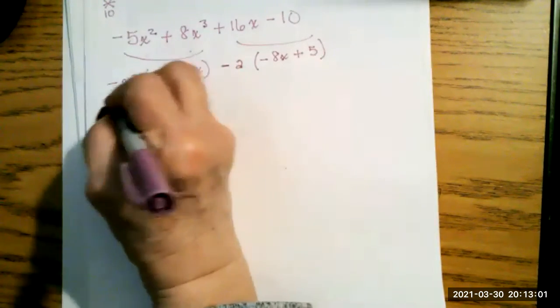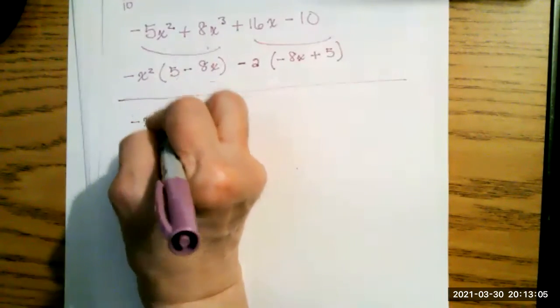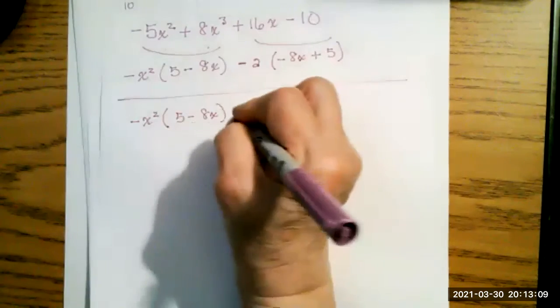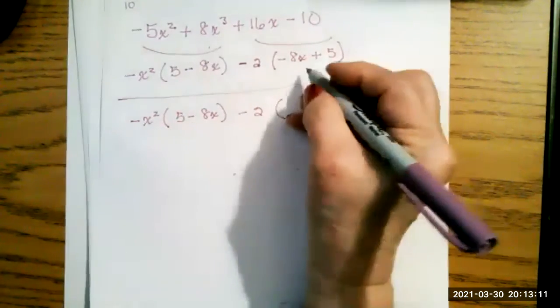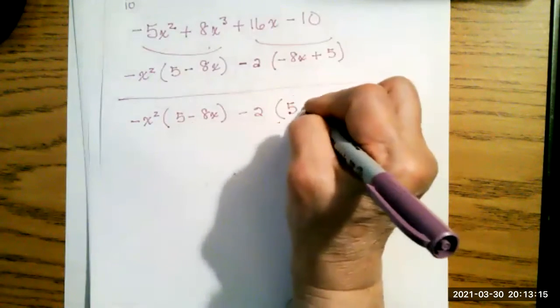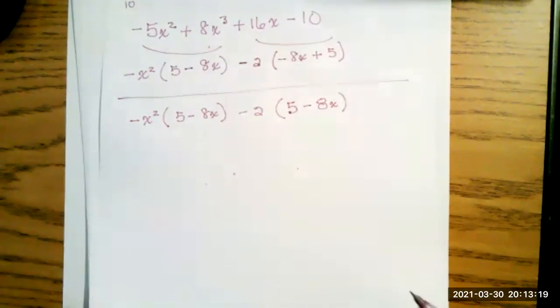So I'm going to take a second here and rewrite that one. Negative x squared, 5 minus 8x minus 2. And I'm going to write this one with the 5 in the front. It's positive 5 minus 8x. So it'll look exactly the same.